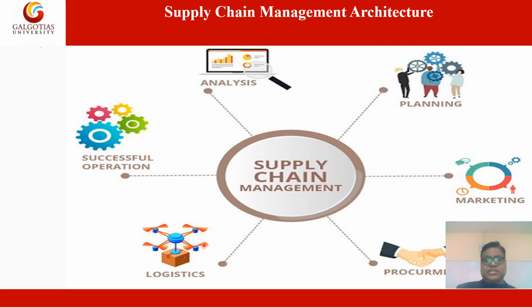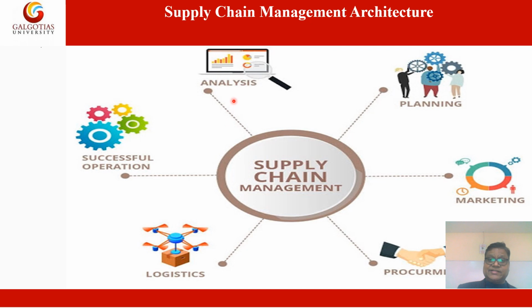You could have first party logistics, second party logistics, as well as third party logistics, from the supplier to the distributor end. Then the operations are successful, and all the operations are successfully implemented.